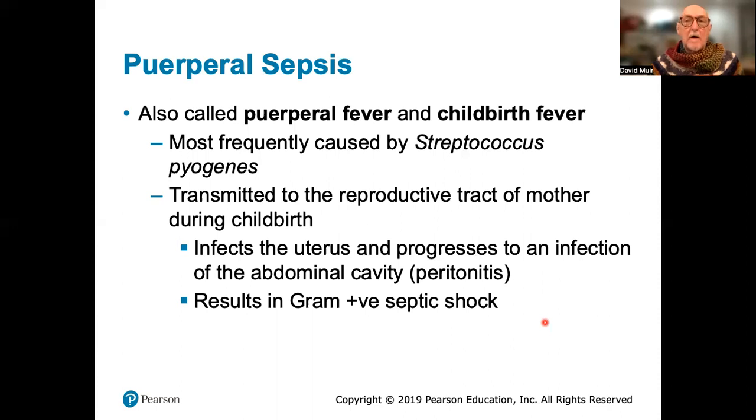This was very, very common in healthcare settings, right up until the middle of the 19th century. And in fact, women suffered a far higher mortality if they went into a hospital setting to give birth than if they gave birth at home.